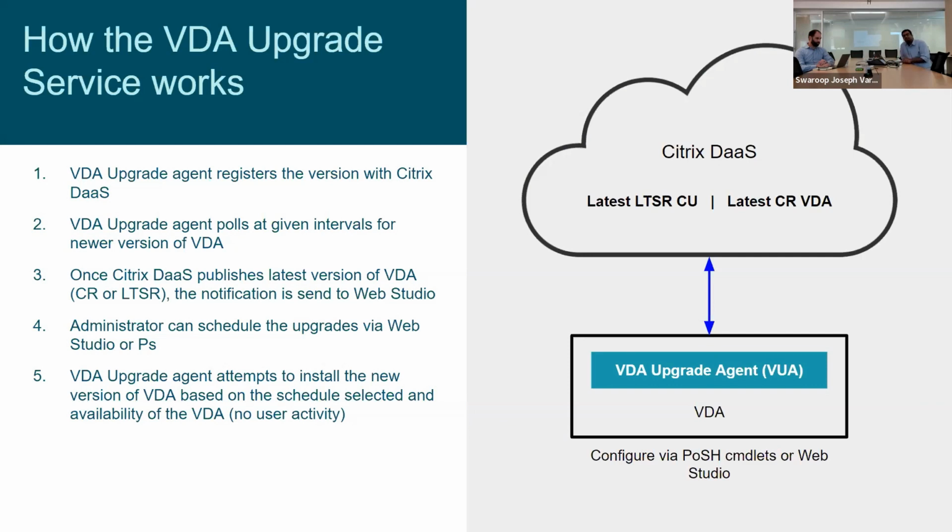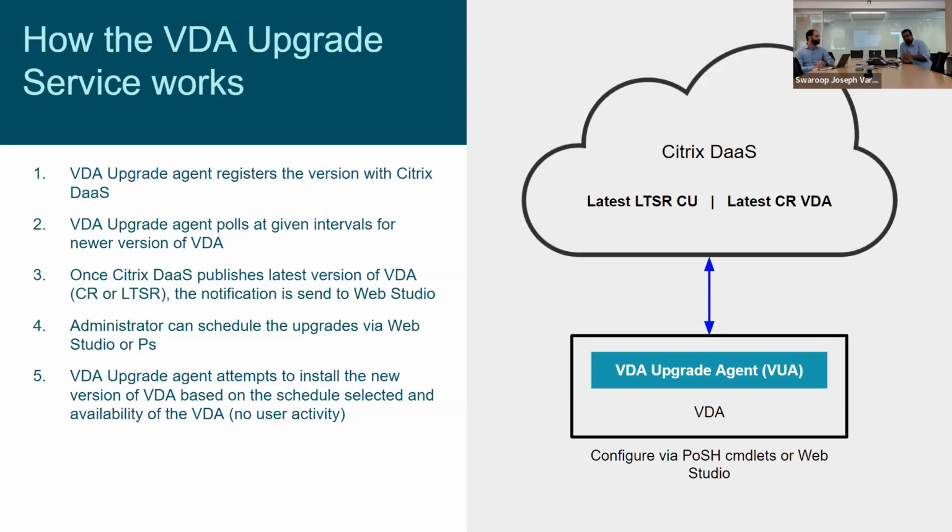So the agent periodically checks with Citrix DaaS and gets information on whether a newer version is available to pull down and install. So let's say if we publish a newer version of CR or LTSR CU, that information will be passed down to the VDA through the agent, and the agent will acknowledge that and download that particular bit from the cloud, and it will perform an in-place upgrade of the VDA service.